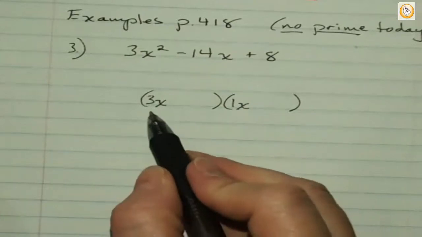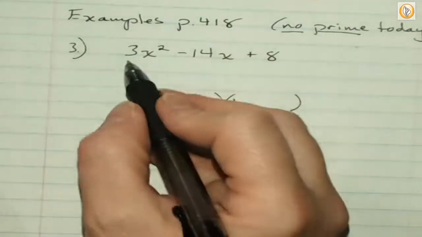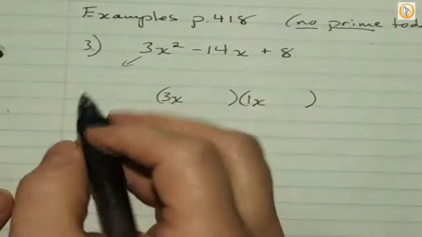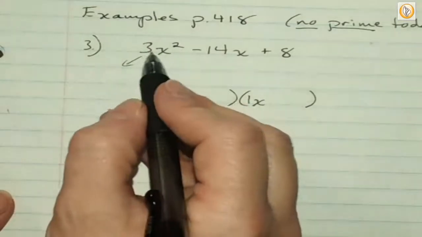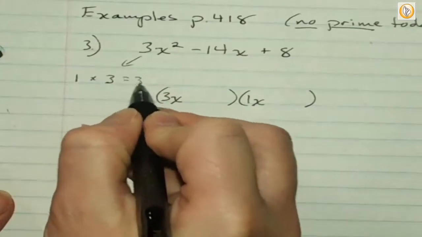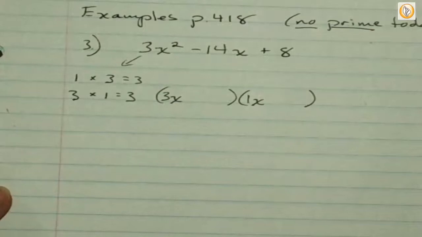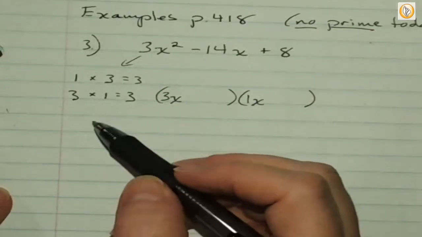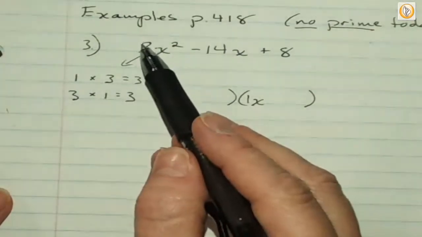Because 3x times 1x is 3x squared. So over here to this side, write all the ways that you can get 3. 1 times 3 equals 3, and 3 times 1 equals 3. See, we're doing kind of like what we did yesterday, but now we're going to do two groups. So first thing is, what are all the ways that you can get this?